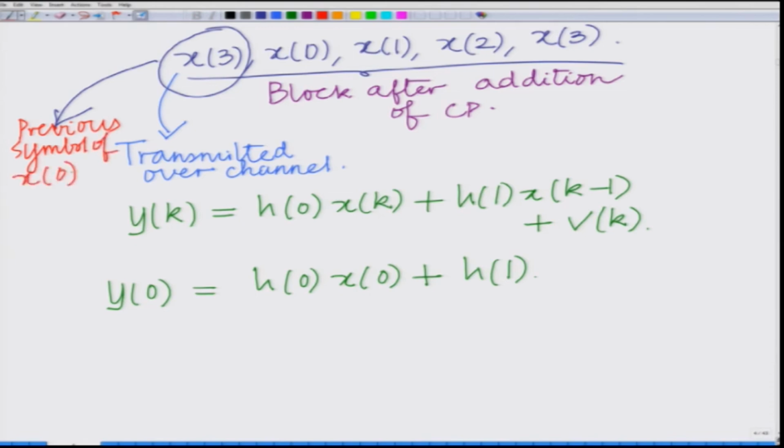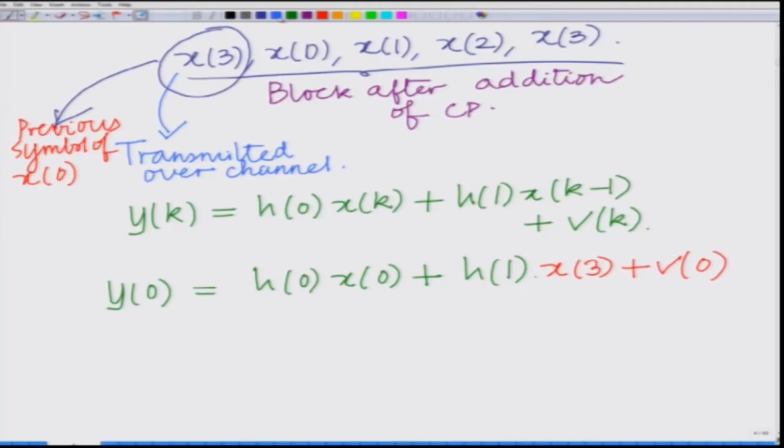So, I am sorry, h1 into x3 plus v0, because x3 has been copied from the tail of the block and prefixed at the head of the block. Because of the cyclic nature of the prefix, x3 also is the previous symbol to x0. Therefore, you have y0 equals h0 x0 plus h1 times the previous symbol, which is x3, plus v0.